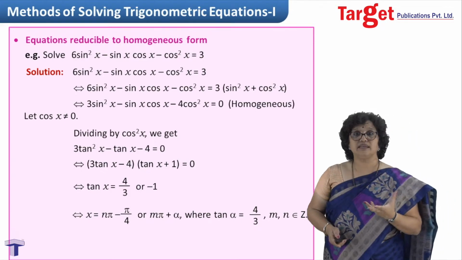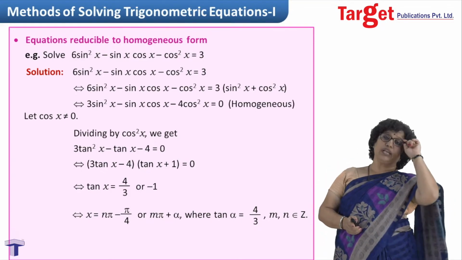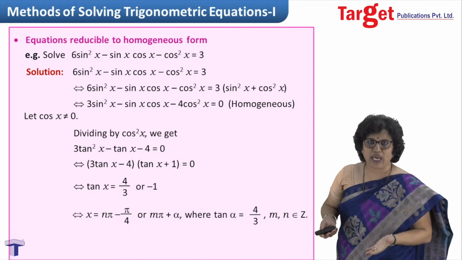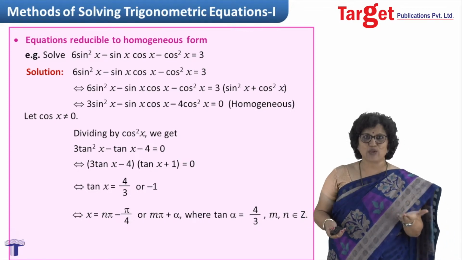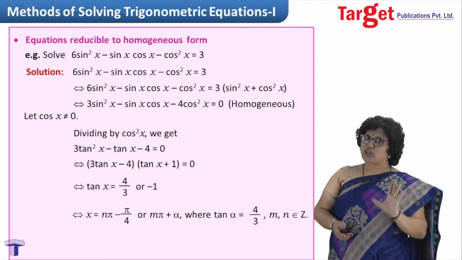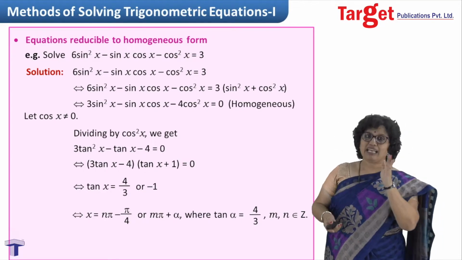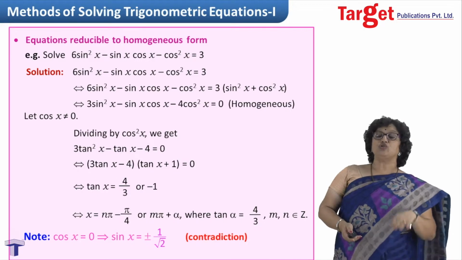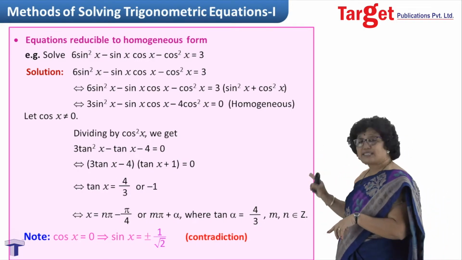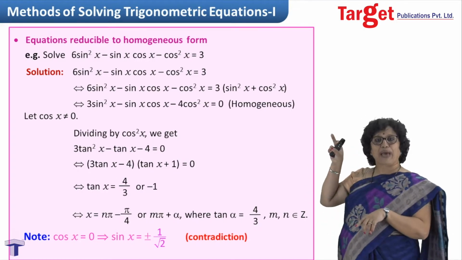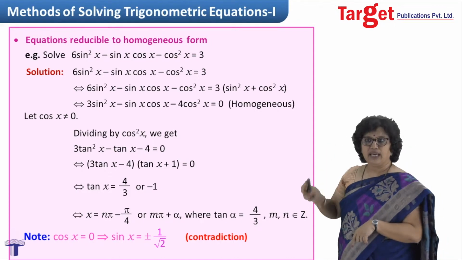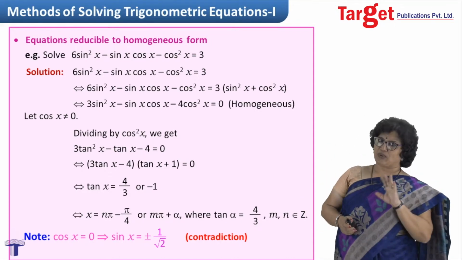Now, understand this, that if I had taken one case as cos x not equal to 0, is it not my duty to check then what happens if cos x is 0? That also we will have to write and make sure whether that possibility arises or not. I mean, at least you have to take care of that possibility. So, my last statement is, if cos x is 0, and if I substitute back cos x equal to 0 in the given equation, I will get sin x equal to plus minus 1 by root 2.